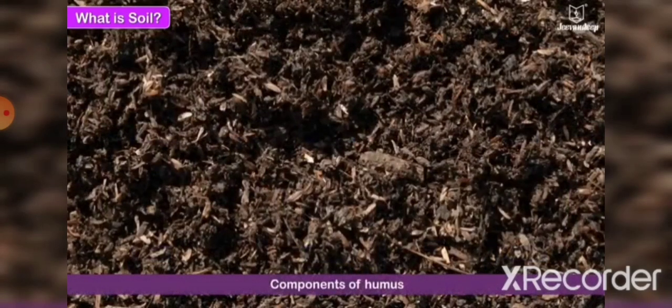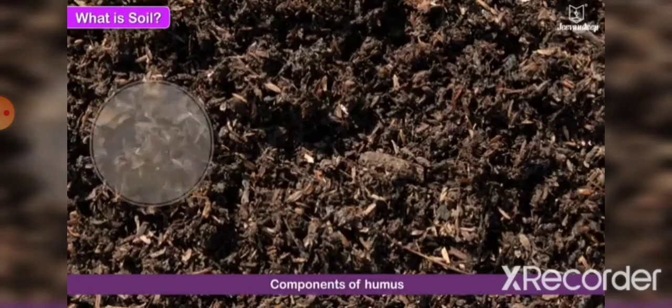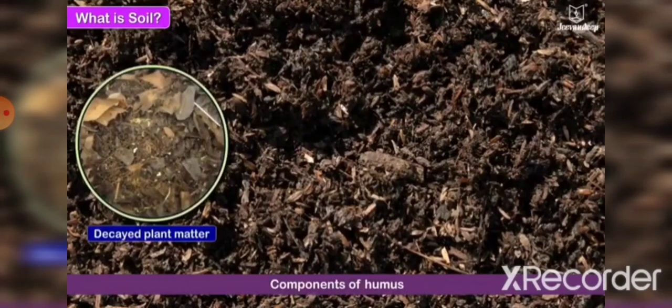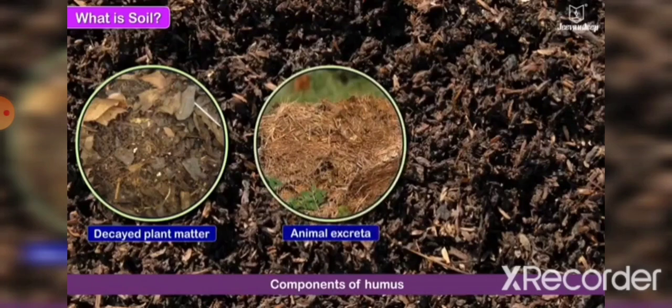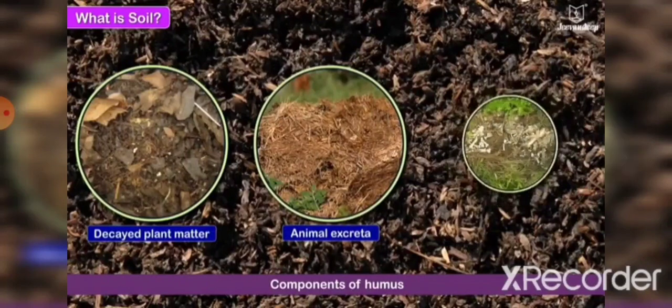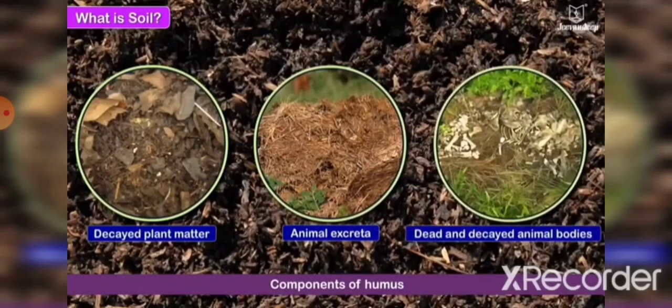First is humus. What does humus contain? Decayed plant matter. What is decayed plant matter? The dried leaves, dead plants, animal excreta, that is the waste of the animal, and the dead and decayed animal bodies.